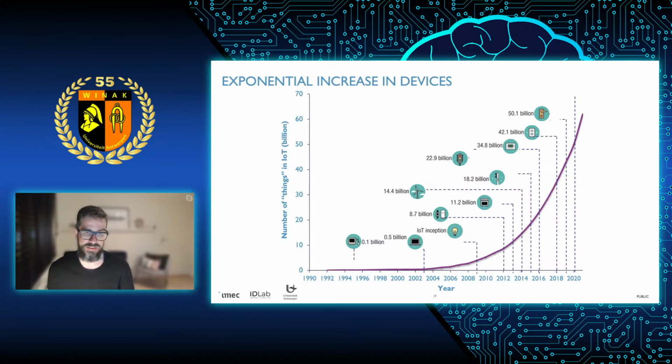The expectation is that we're already at about 40 to 50 billion devices connected to the internet. In a lot of these cases, these devices will generate data, and as they generate data, they at least pretend to be smart devices. They have the potential to also have a very strong link with artificial intelligence.